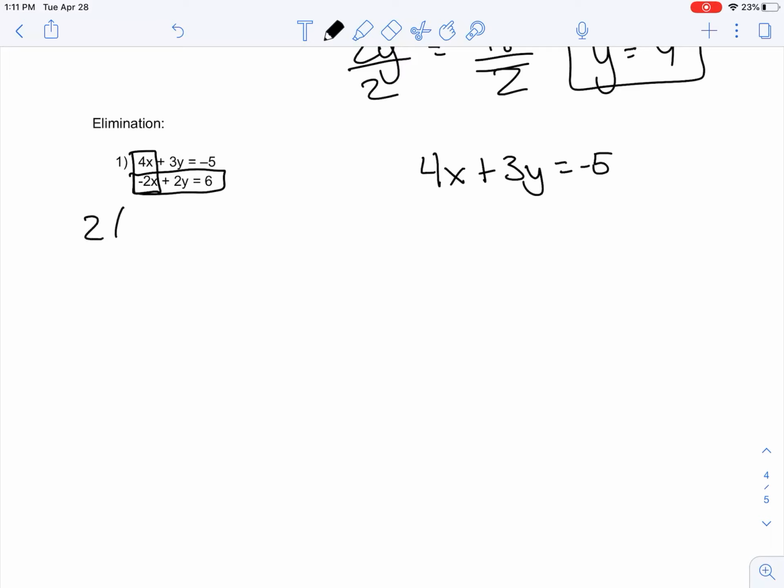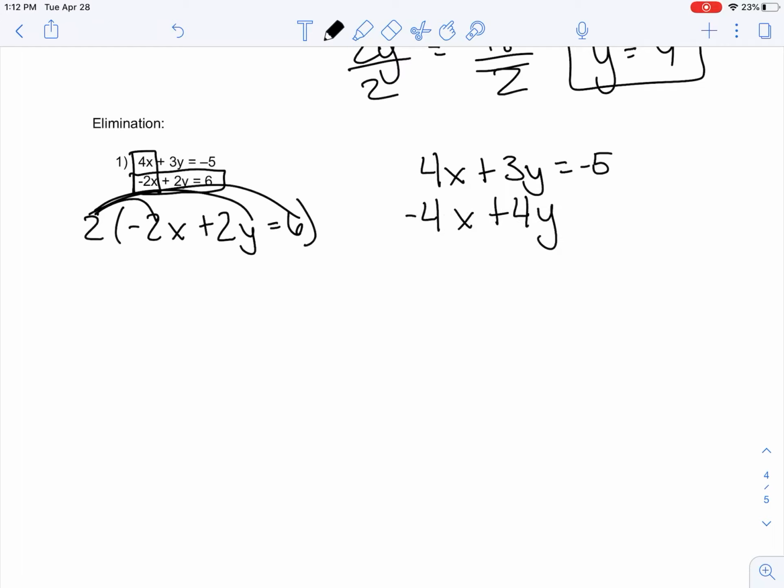But I'm going to multiply the second equation by 2. And you need to make sure when you do that, you are multiplying all three pieces of the equation by 2. So we would get negative 4x plus 4y equals 12.